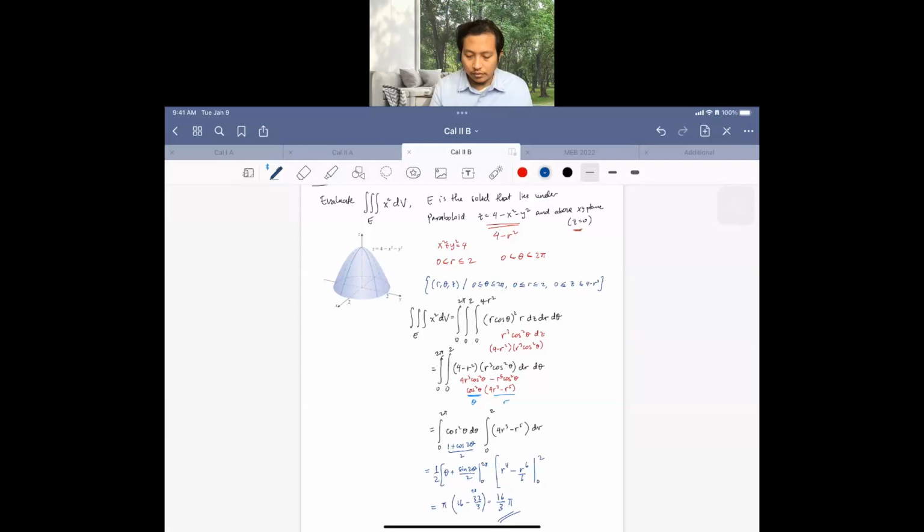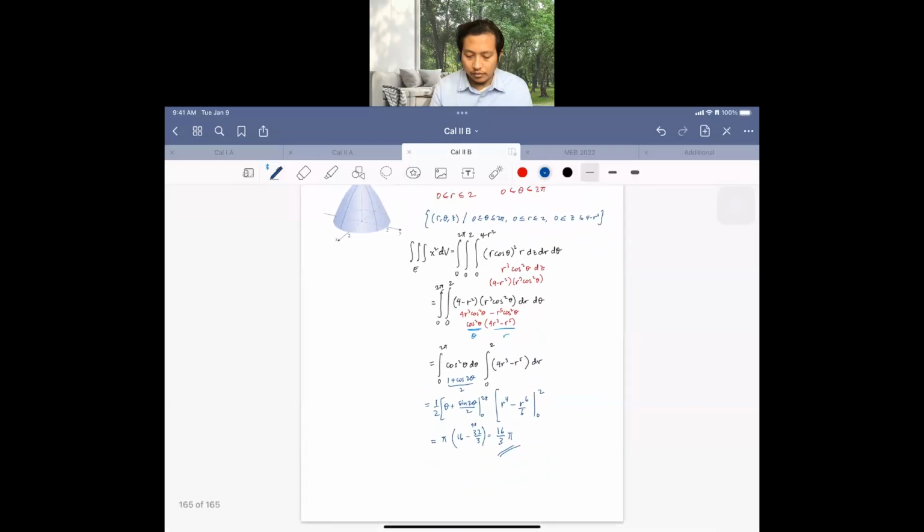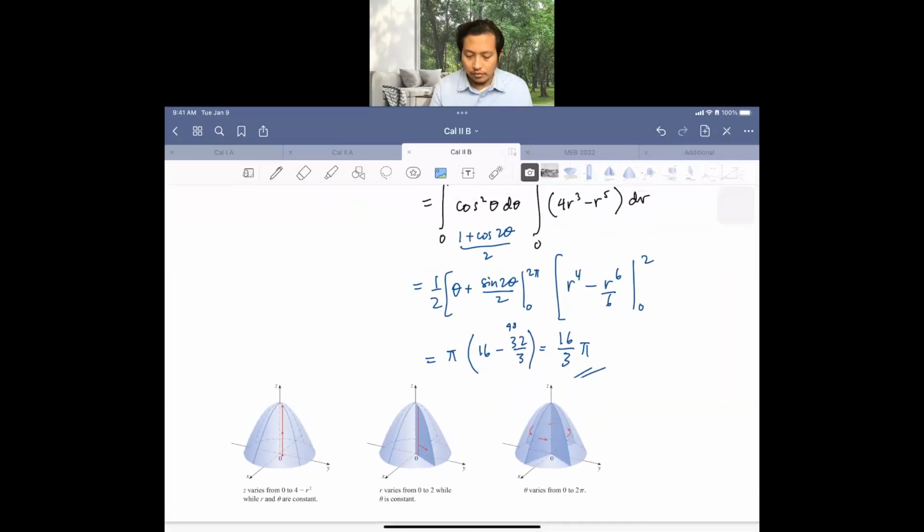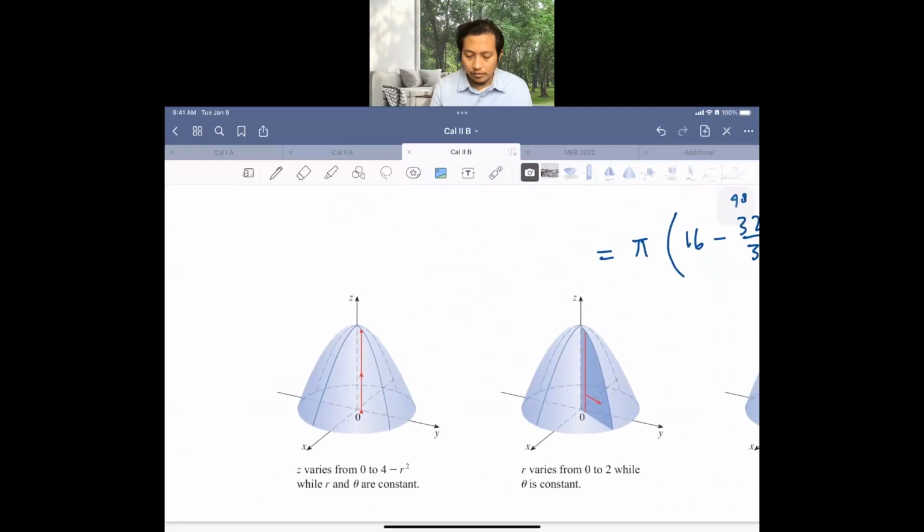Okay, if you feel that you need to look at the picture, we could see from this observation here. If we start from z, it varies from z equals 0, from this plane, and goes up, and how z goes up is based on the curve 4 minus r squared, right?